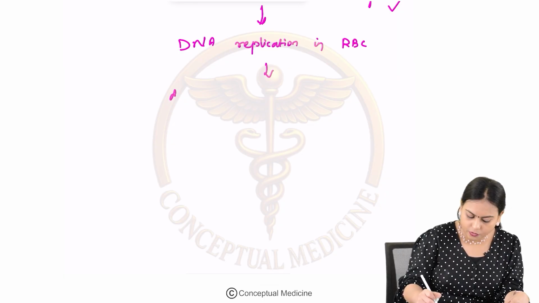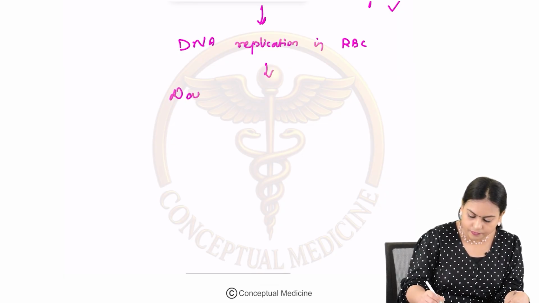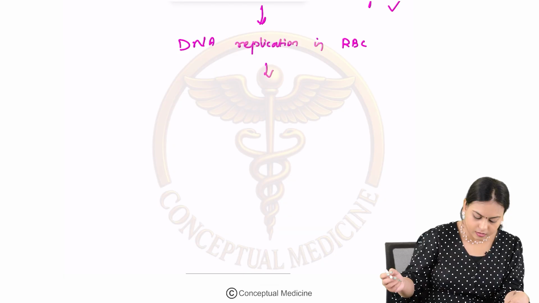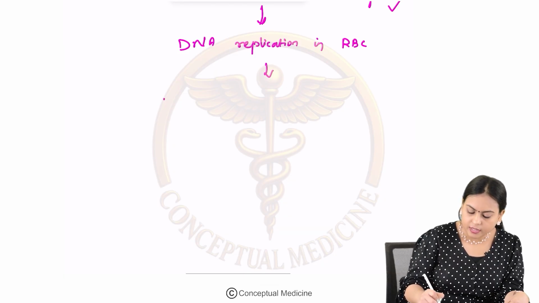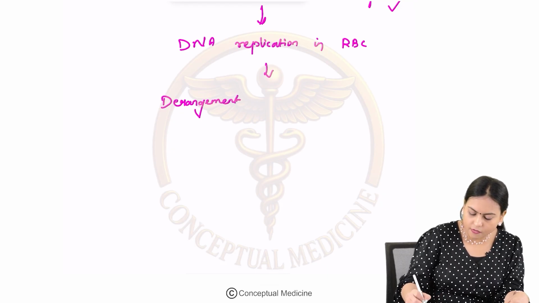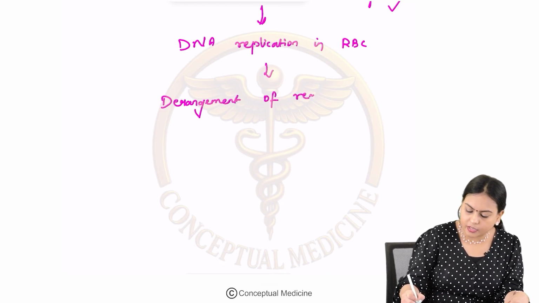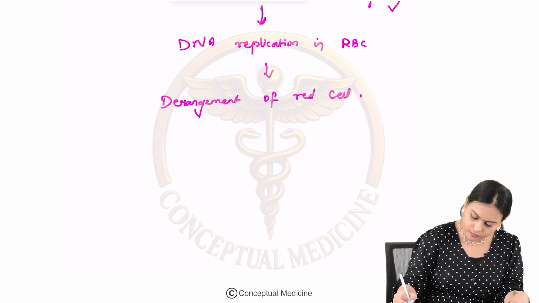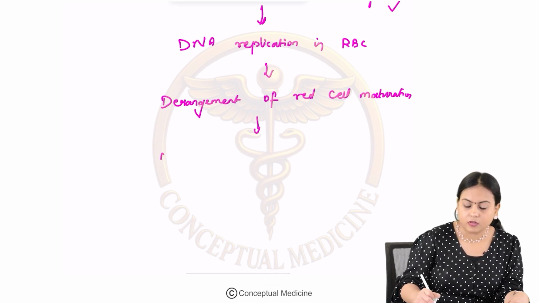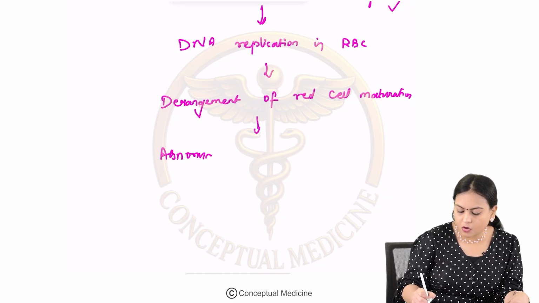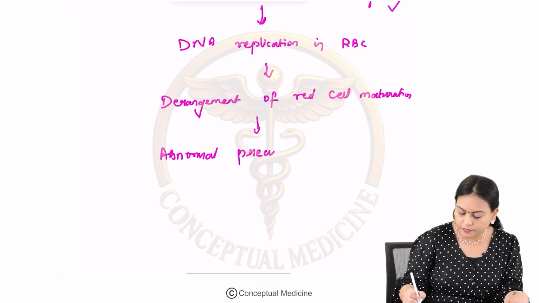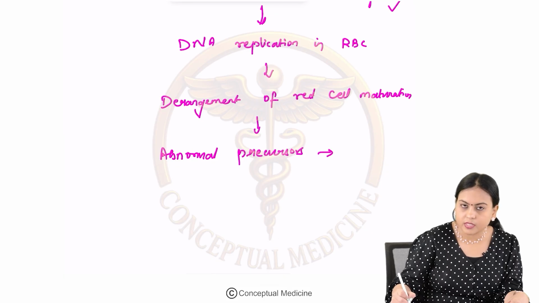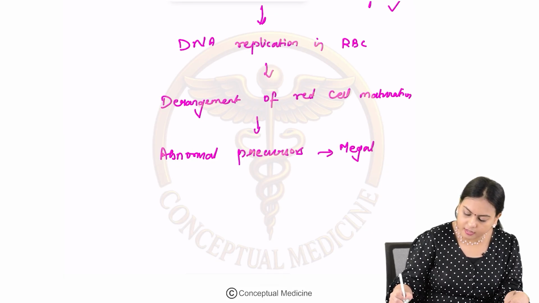That will lead to derangement of red cell maturation. So, abnormal precursors of RBCs are produced, which are known as megaloblasts.